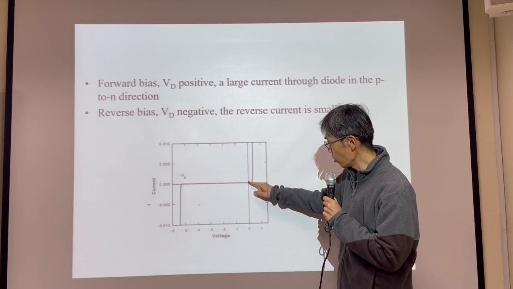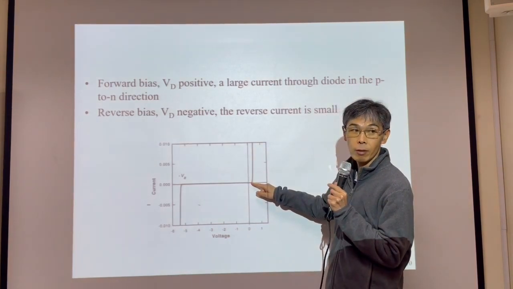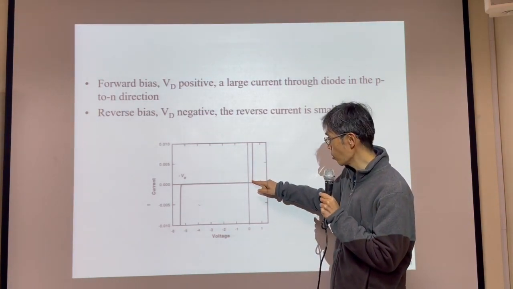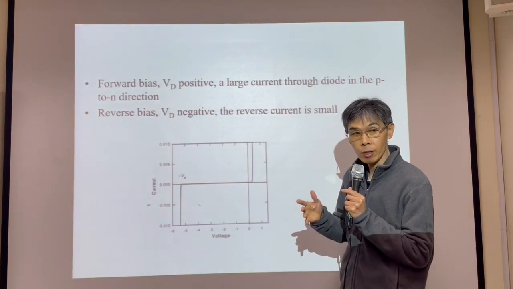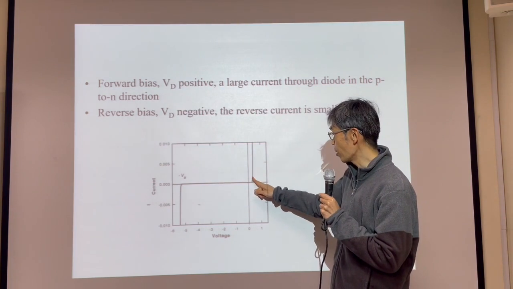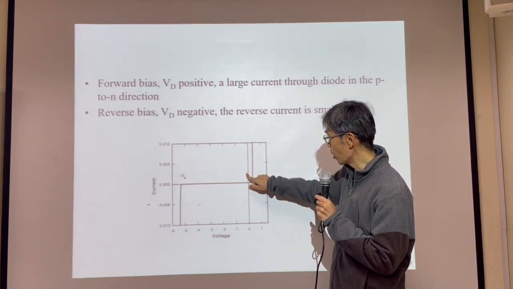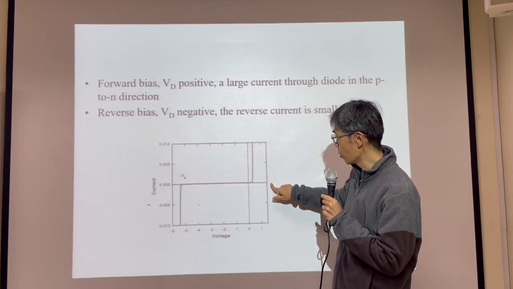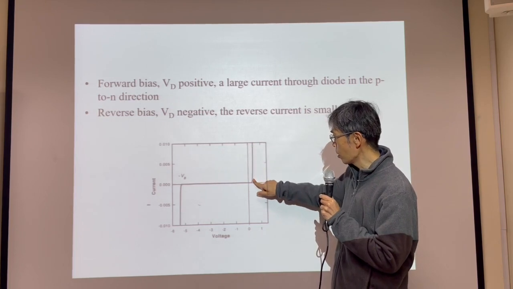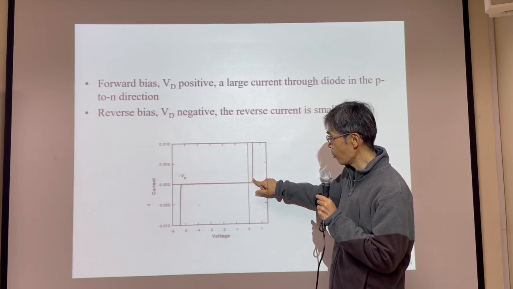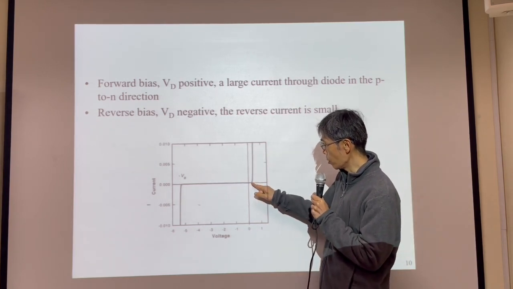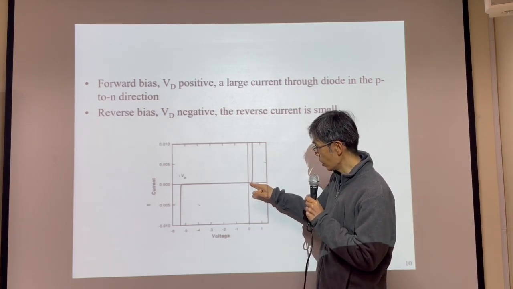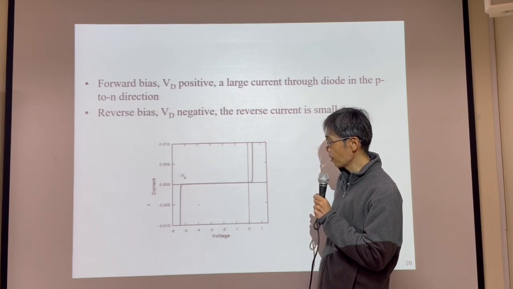If the voltage is larger than 0.7 or 0.6 volt, we make the diode become a conductor, because this is current and this is voltage. So this means we have very, very high current as long as the voltage is larger than 0.6 or 0.7.